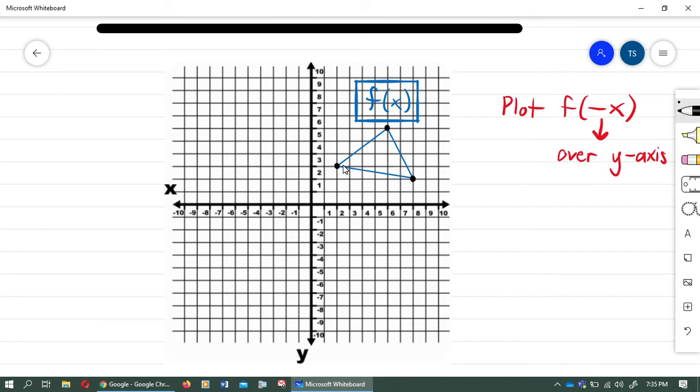Now, if you don't remember your four quadrants, that's another little mini lesson. But anyway, we know right now this blue triangle is in the first quadrant. If we're going to reflect it over the y-axis, which is this vertical line here, then after it gets reflected, the new image is going to be in the second quadrant over here on the top left.